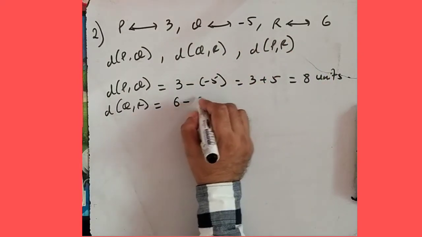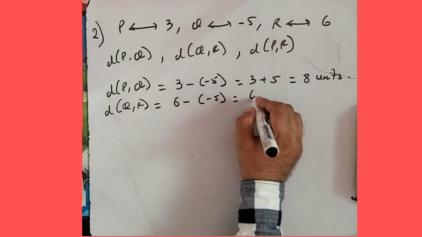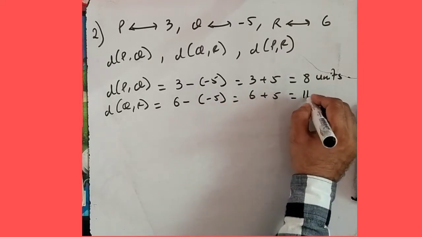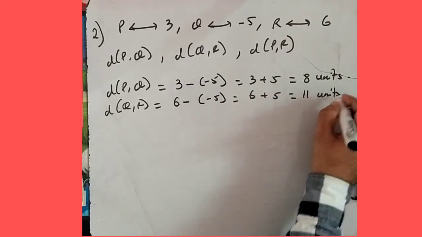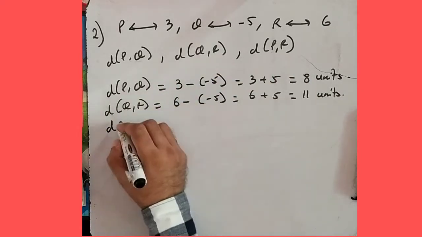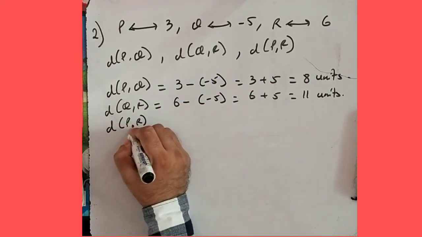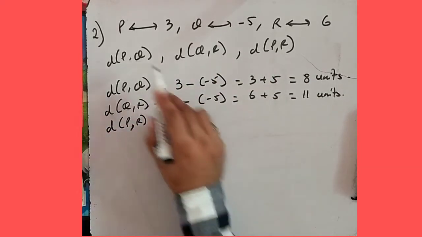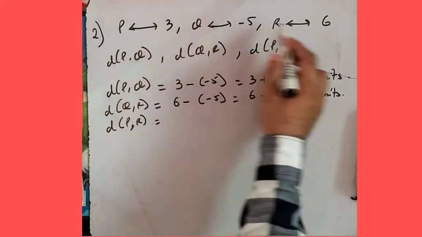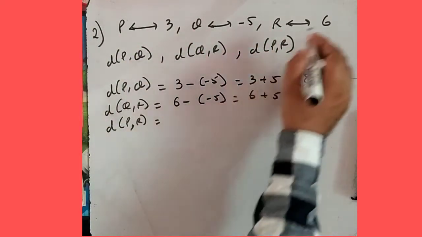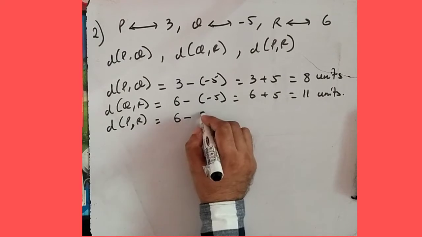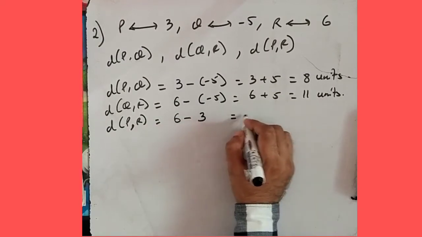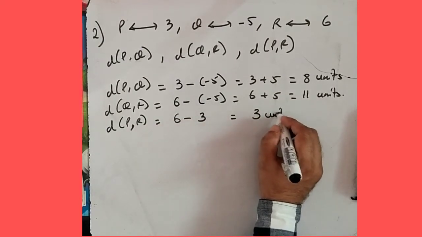So 6 minus -5, 6 plus 5, which becomes 11 units. Third, distance PR. In P and R, R is the bigger coordinate. 6 minus 3, which gives us 3 units.